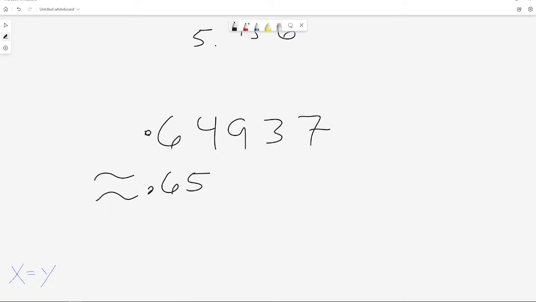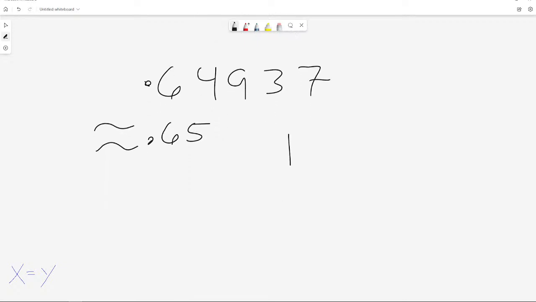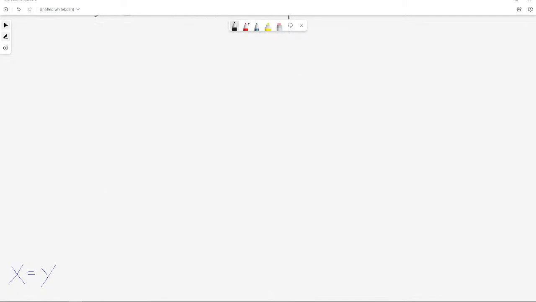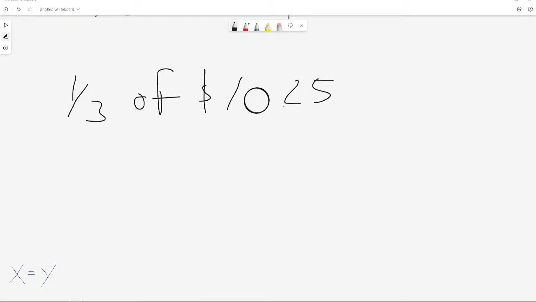So here's an example of when we would want to round things off. Let's say we're dealing with money, and we want to find out what 1/3 of $10.25 is. Since we have 1/3 of, we want to multiply. So we get 1/3.